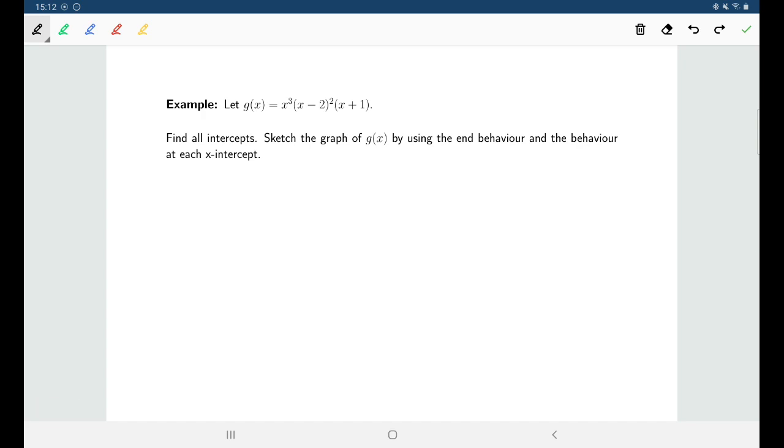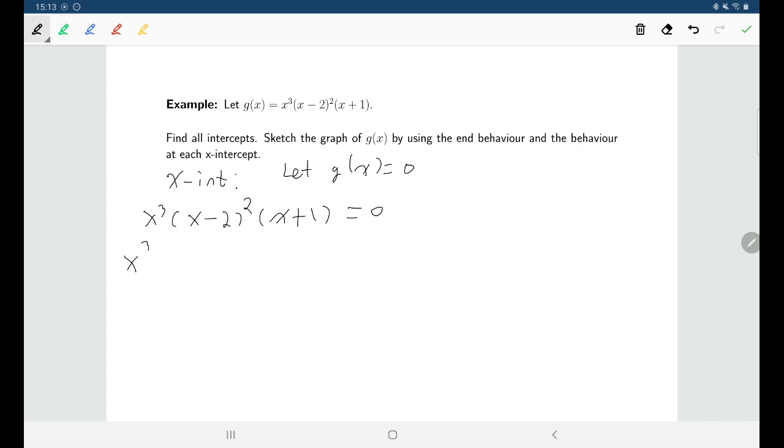If we wanted to think about graphing it, we need to, number one, first start thinking about x-intercepts and y-intercepts. For the x-intercepts, we just need to solve where it is equal to 0. So we're letting g of x be equal to 0, and that means we'll have x cubed times (x minus 2) squared times (x plus 1), all of that equal to 0.